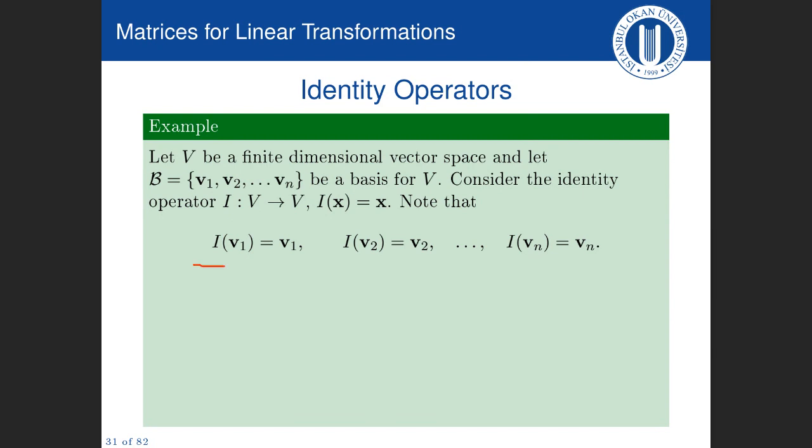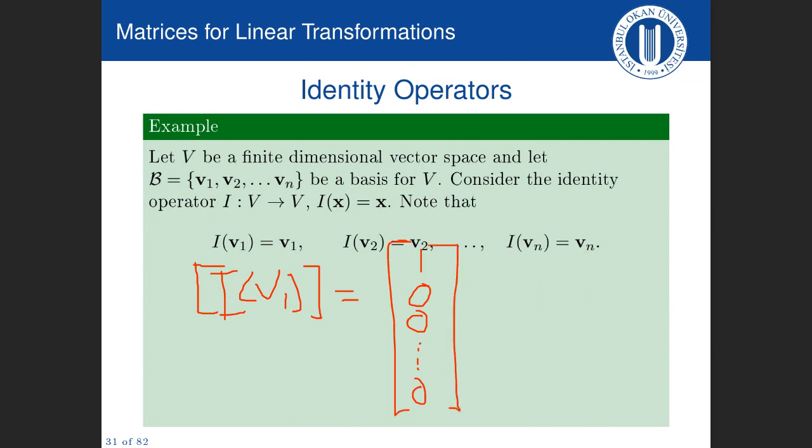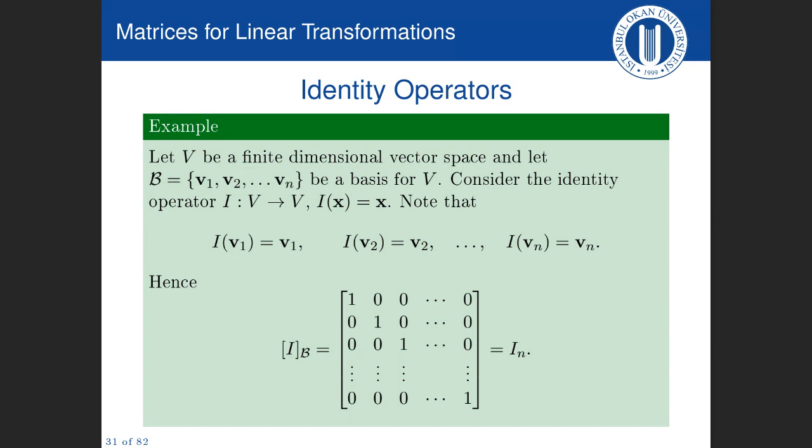What are the coordinates of I of V1 then? Well, it's 1 V1, 0 V2, 0 V3, etc. The coordinates of I of V1 is just going to be 1, 0, 0, 0, etc. So the first column of our matrix for I is going to be 1, 0, 0, 0, 0, etc. In other words, the matrix for I relative to the basis B is just the identity matrix.